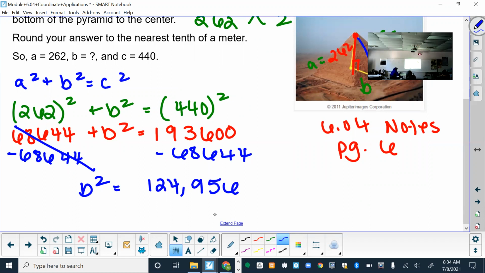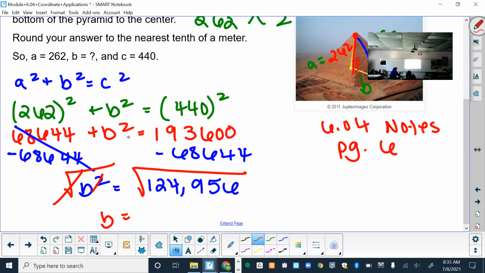All right, now one more step. What's opposite of raising something to the power of 2? Square rooting. So what you do on one side, you do the other. Over here, this cancels out. That's why we did that, so that it would cancel out. And then you're going to take the square root of 124,956.